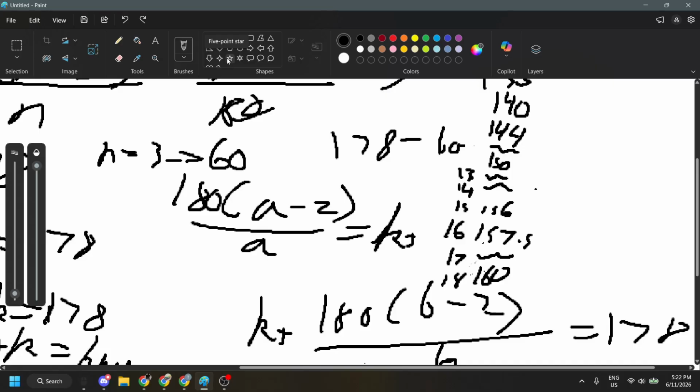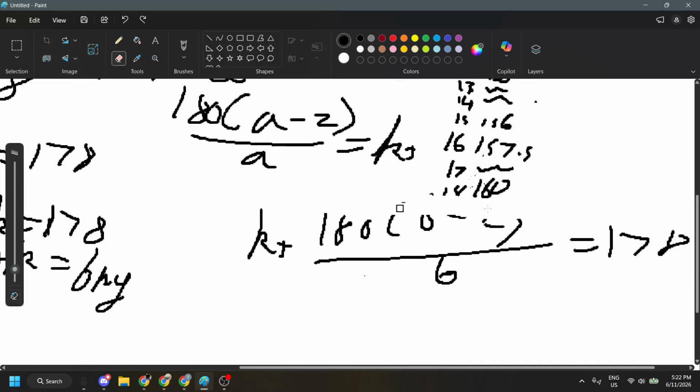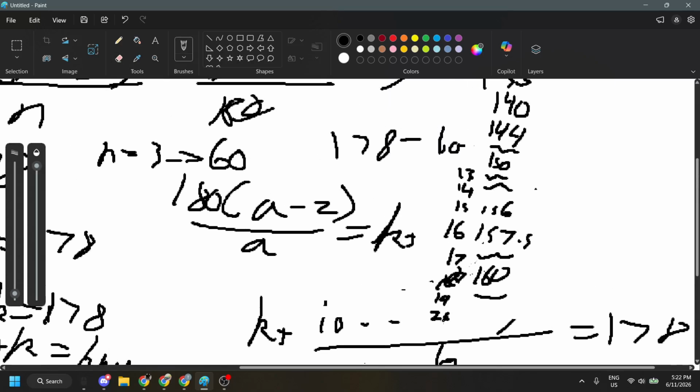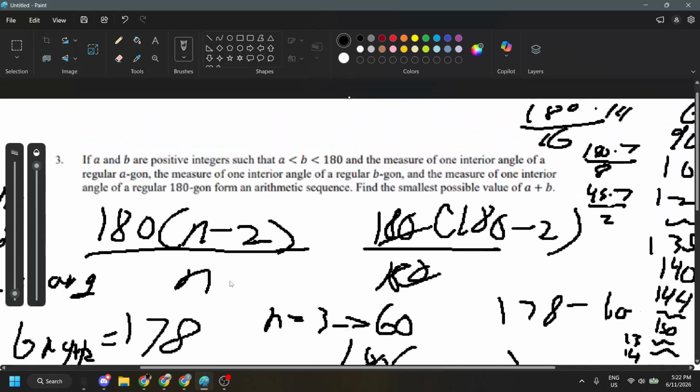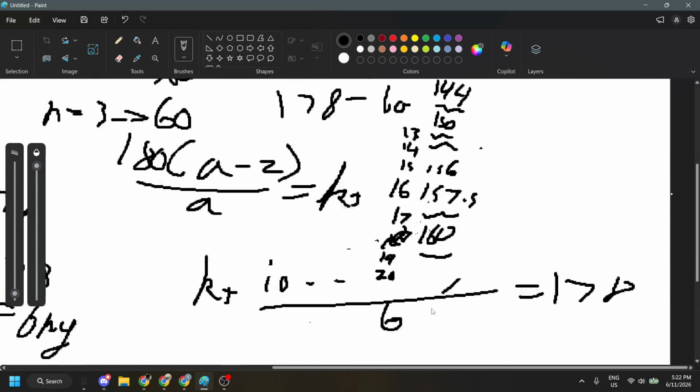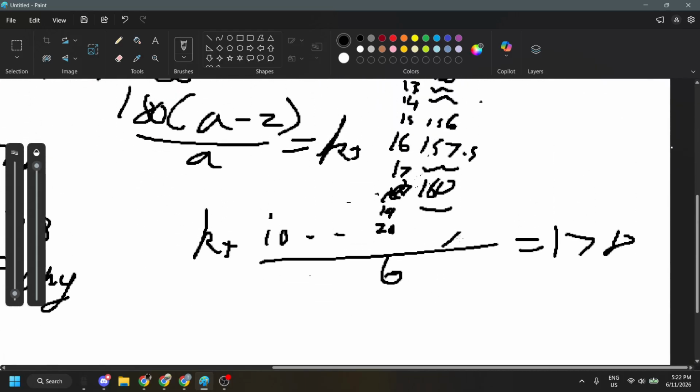I lied. The rate of change is slowing down. 19 is going to be hard, but 20 would be 9 times 18, which is 81 times 2, which is 162.